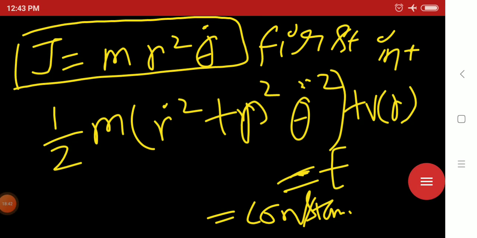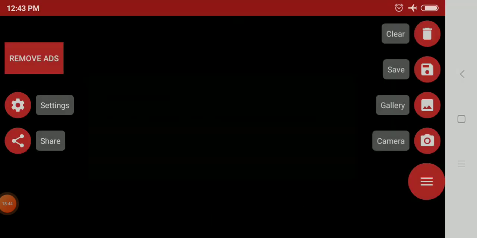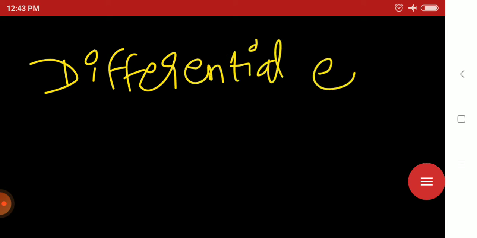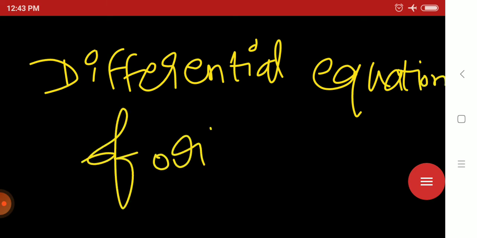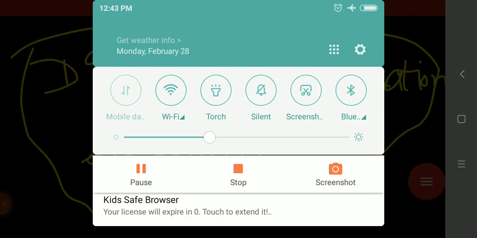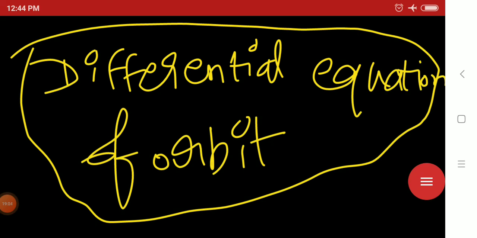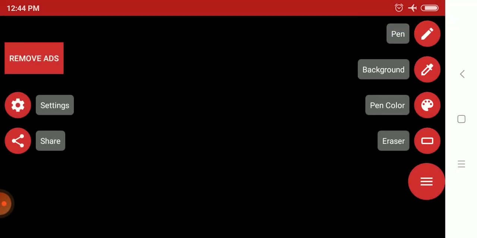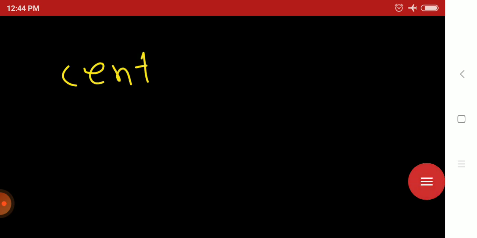Another important thing I will discuss now is the differential equation of orbit. This is a very important discussion. Let's start. In case of central force, what is our main purpose?